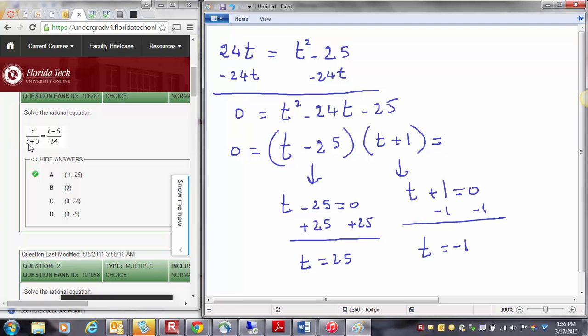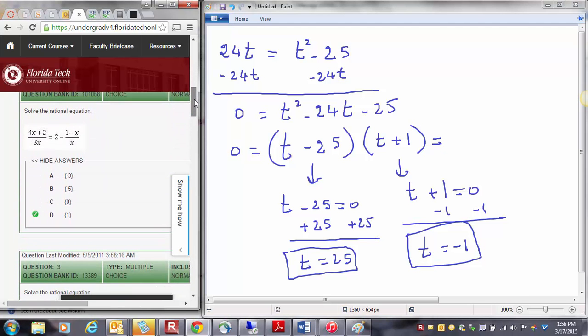So for t equals negative 5, what's negative 5 plus 5? 0. Number over 0 is undefined. But we don't have t equals negative 5, so both of them should be good. Just in case we end up with t equals negative 5, you will have to reject that solution because t equals negative 5 will make the denominator 0. So as you see, the solutions are 25 and negative 1.